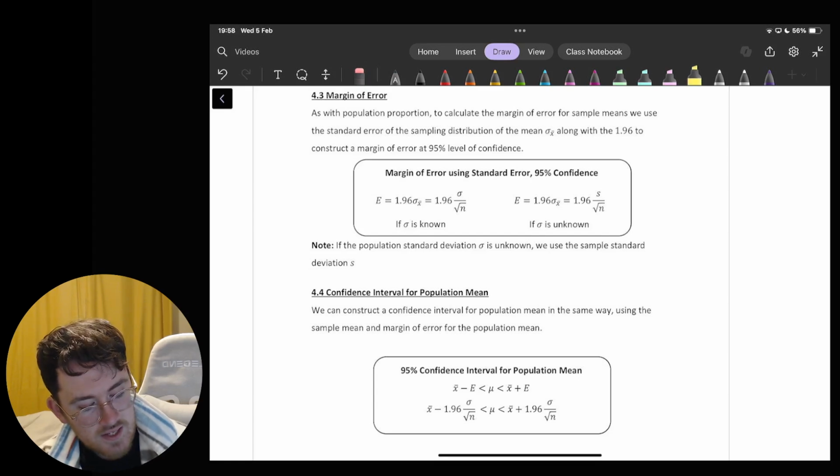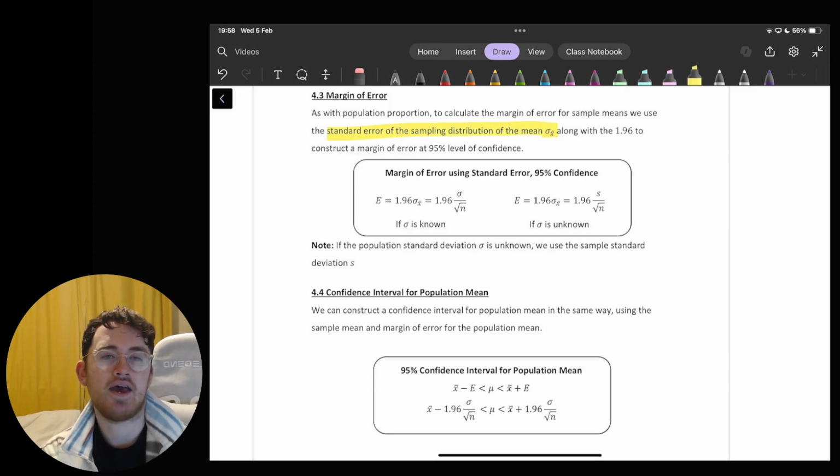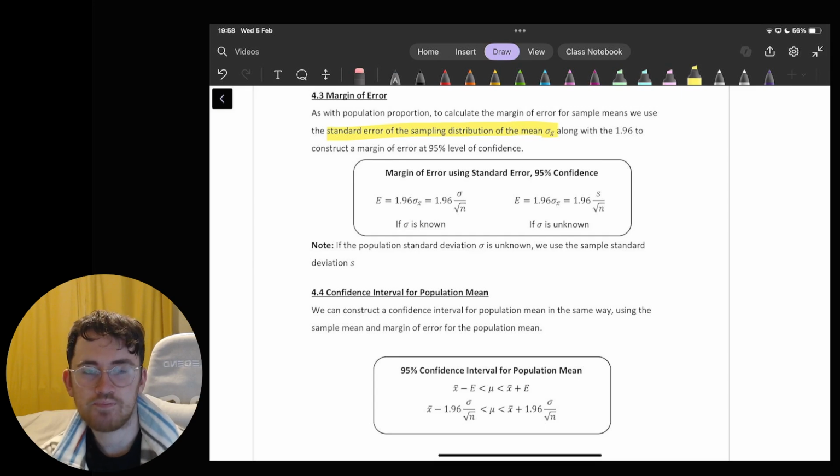That standard error was denoted by sigma x bar, and we met that, I would have introduced that a little in the previous video. We're using the central limit theorem, so we can be confident that sigma x bar can be used here. It's a measure of how far from the average value we can expect these sample means to be, the standard deviation on the whole.